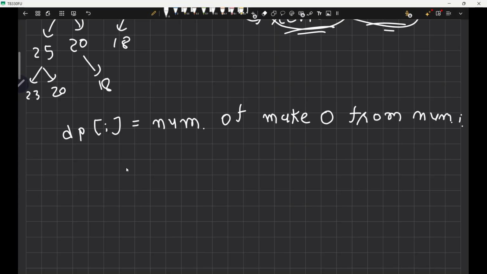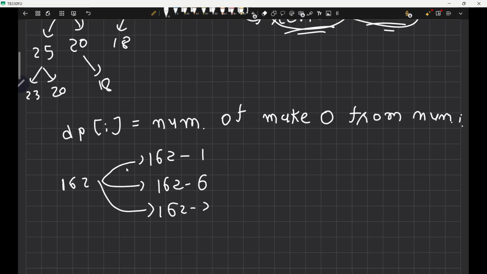So let's say you have some number, the number is 162. So where can you go from this 162? You can go to 162 minus 1, you can go to 162 minus 6, or you can go to 162 minus 2. So these are the three possible transitions, right?